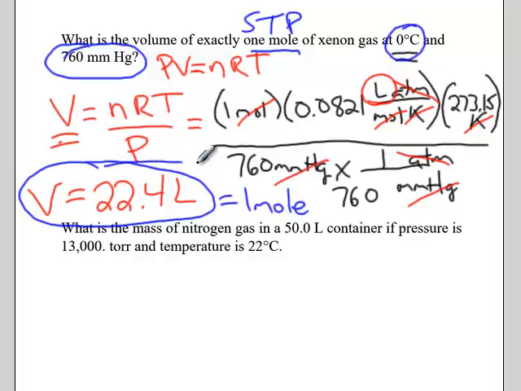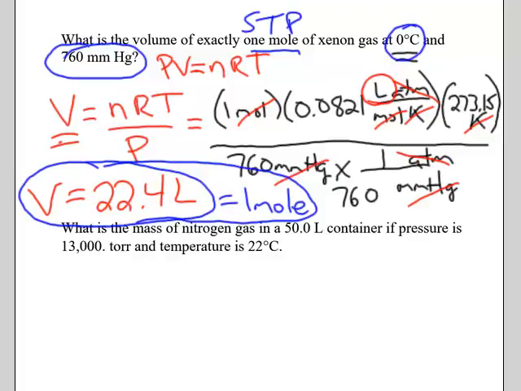So this is a nice conversion between how much volume and how many moles the gas will occupy. This only works at STP. If the temperature is different, if the pressure is different, then the volume is no longer 22.4 liters.